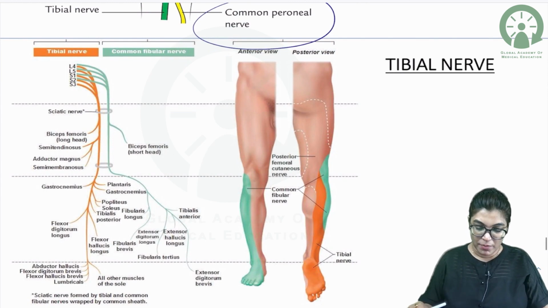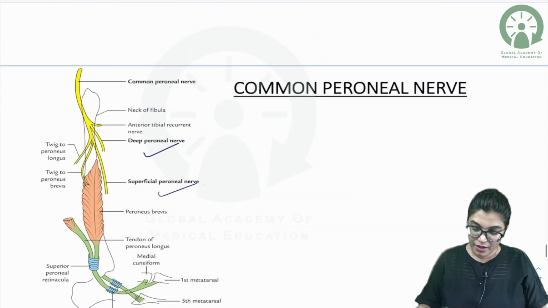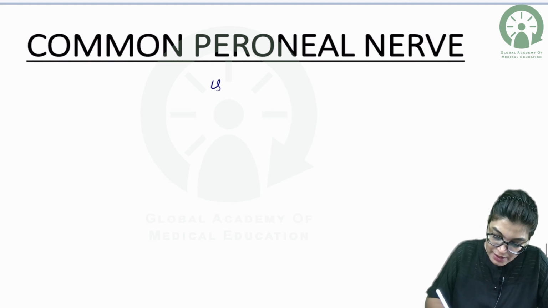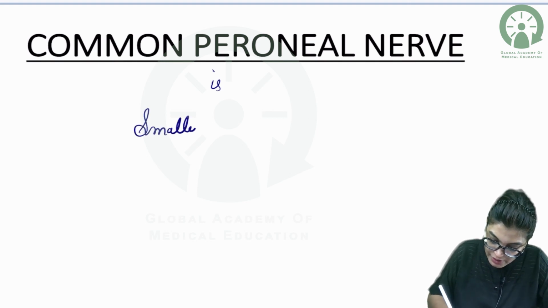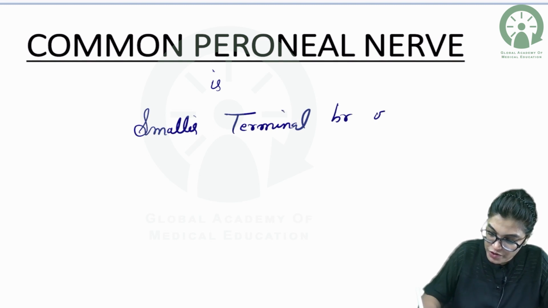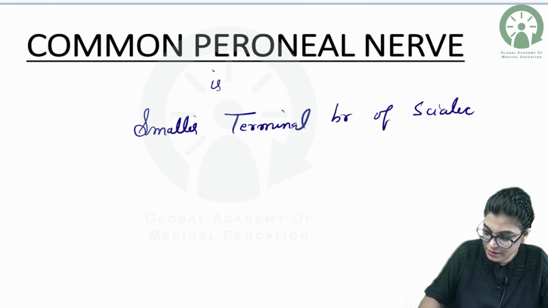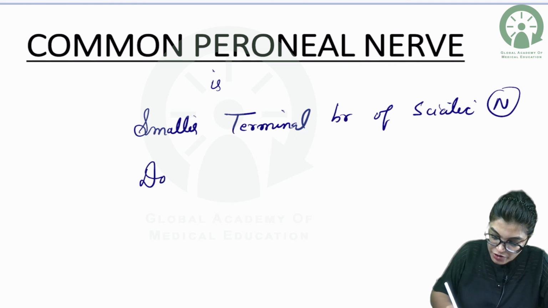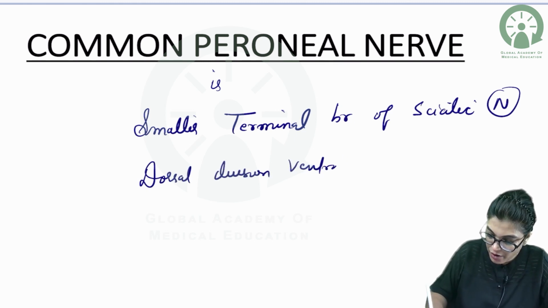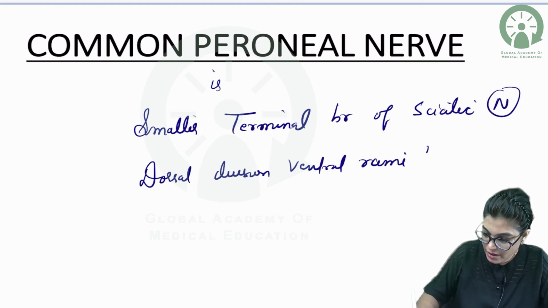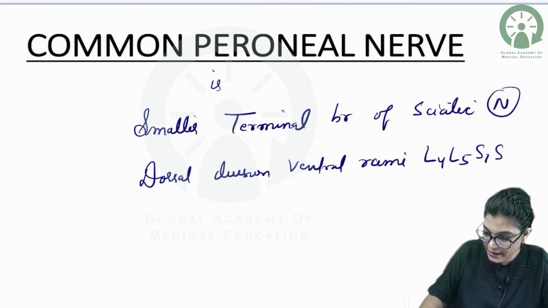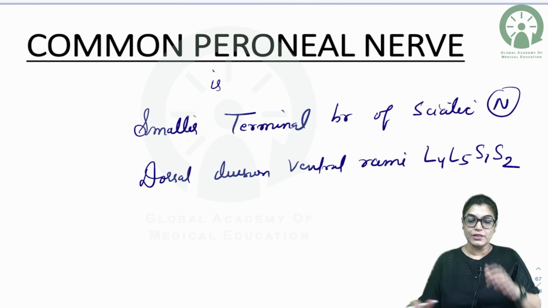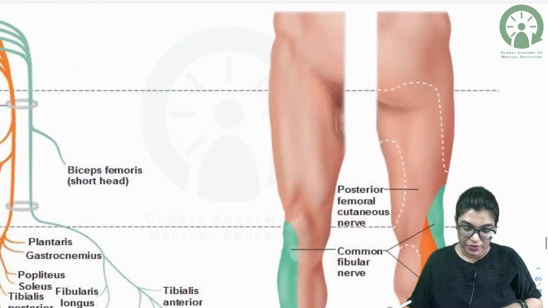When I talk about the common peroneal nerve, the common peroneal nerve is the smaller terminal branch of the sciatic nerve, formed by the dorsal division of the ventral rami of L4, L5, S1 and S2, which we have already seen.